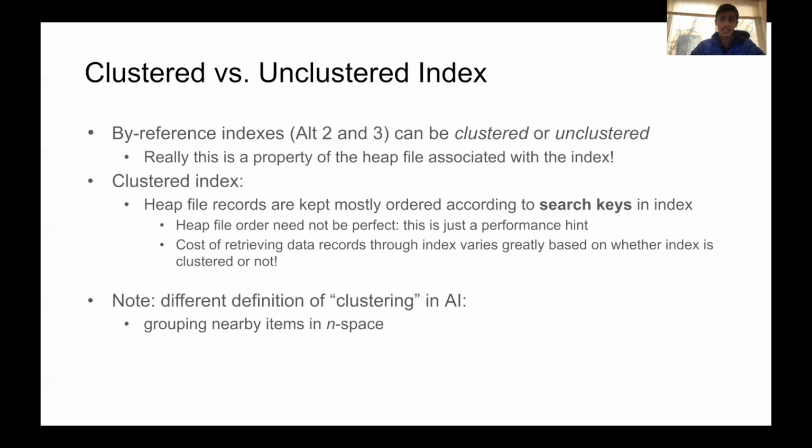Clustered means that the data is sorted on disk with respect to the key that the index is built on, or at least approximately sorted. You might have a couple of keys out of order, but for the most part, it's sorted. Unclustered means that the data on disk is not at all sorted with respect to that key.